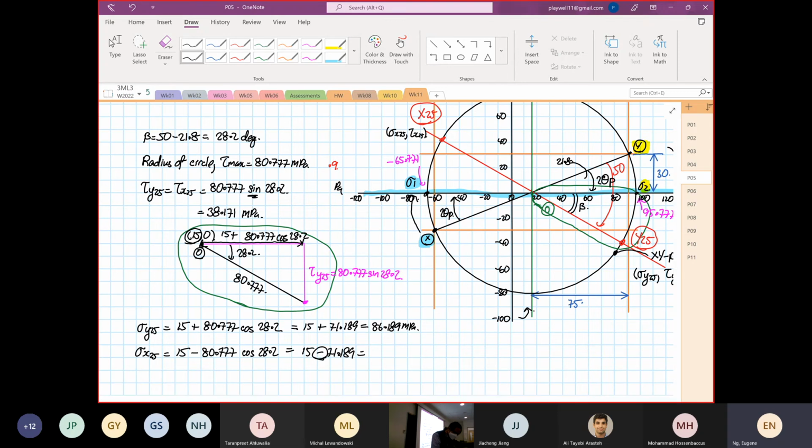Because X25 is going to move towards the left-hand side. That's why you do the minus. So 15 minus 71.189 is equal to minus 56.189 megapascal.